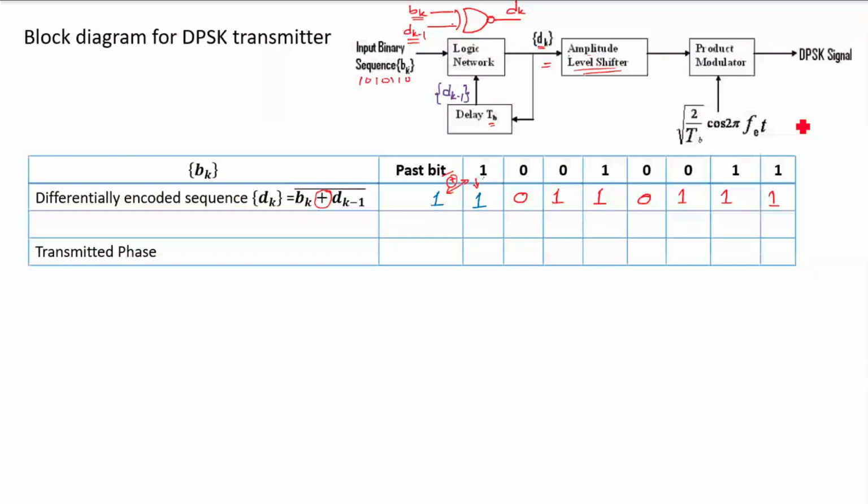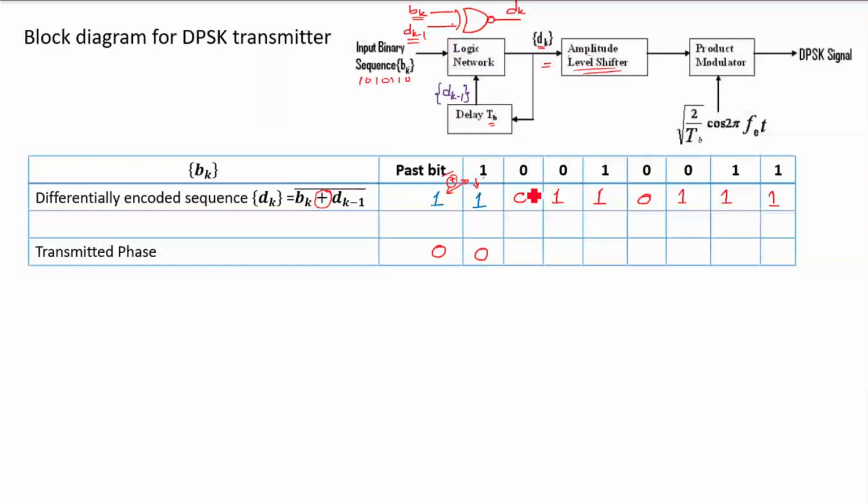So what is the transmitted phase then? If the current signal is 1, the transmitted phase must be 0. That means the signal is retransmitted as it is, without change in phase.